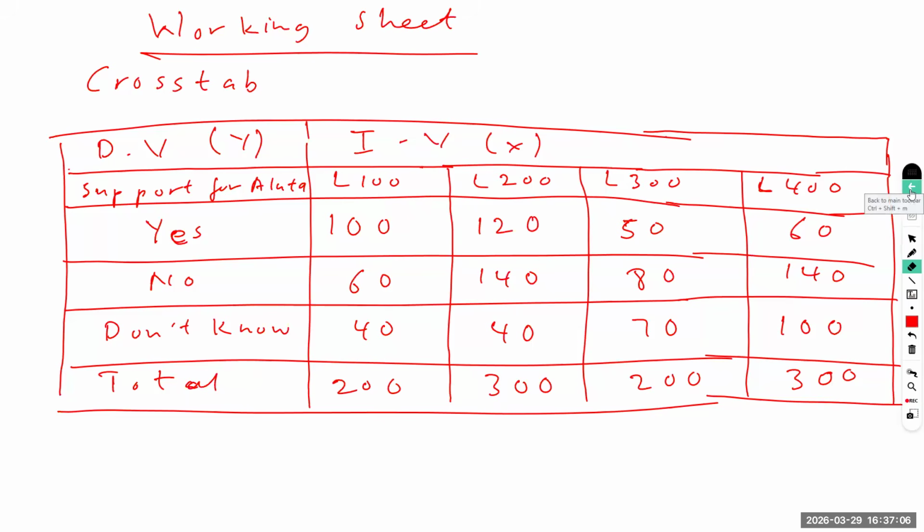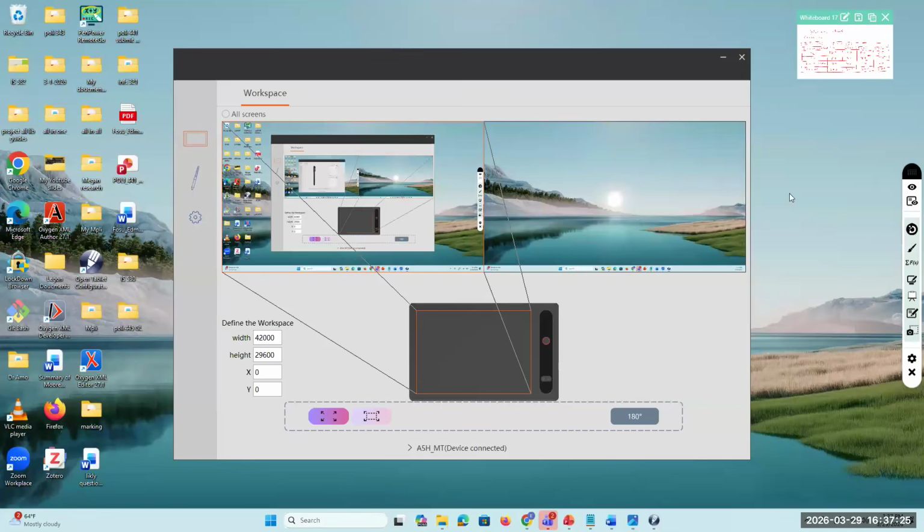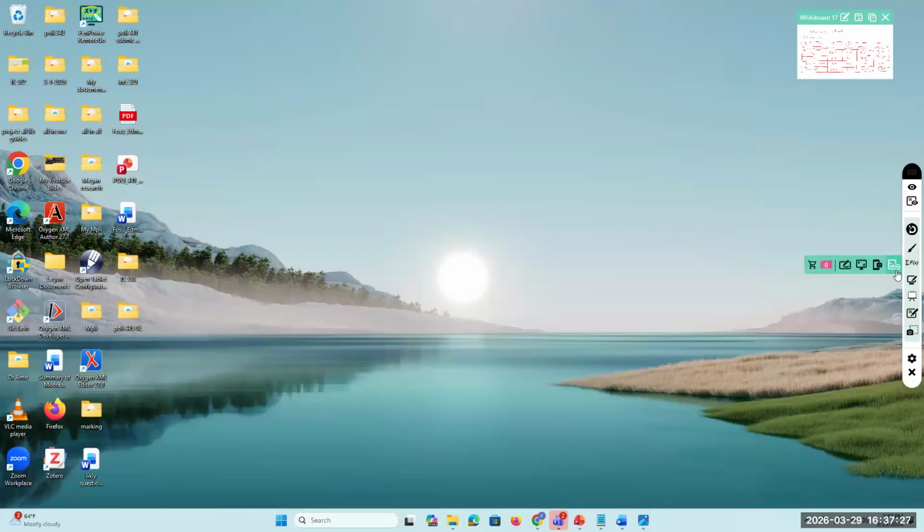Now we are moving to the percentage table, and how to get that particular percentage table by also showing the relationship between the dependent and independent variable. Do you get me? Are you with me? We are following. Good. This is going to be your first question, right?